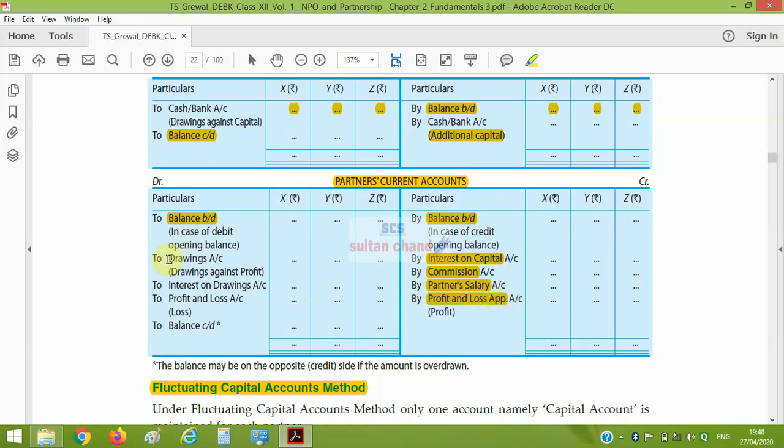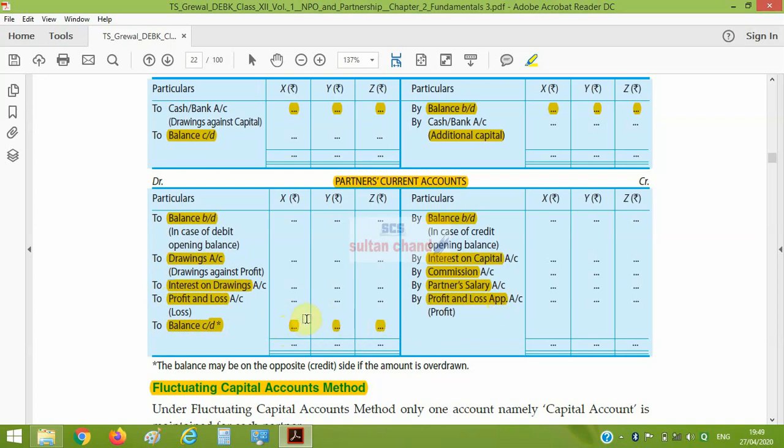Thereafter, on the debit side: any drawing made against profit, interest on drawing, and share of loss under the profit and loss account. And this is the balance carried down of partner X, partner Y, and partner Z.